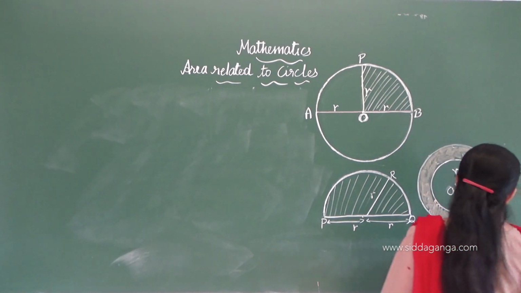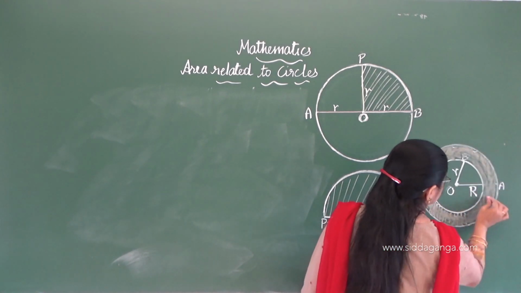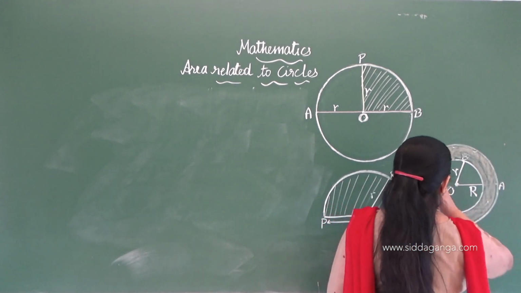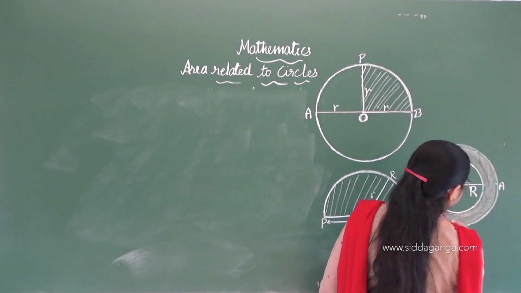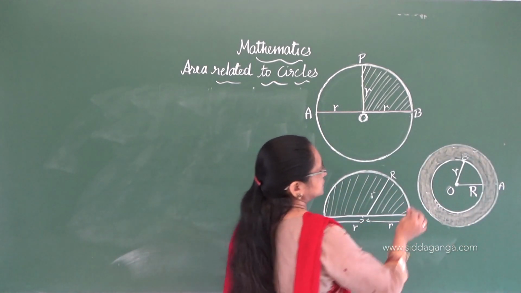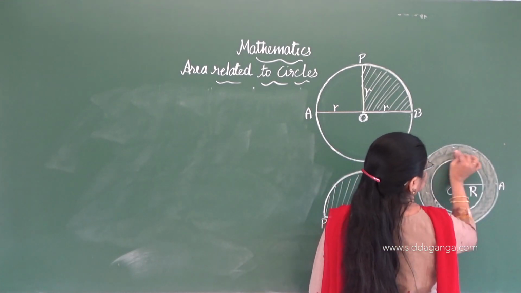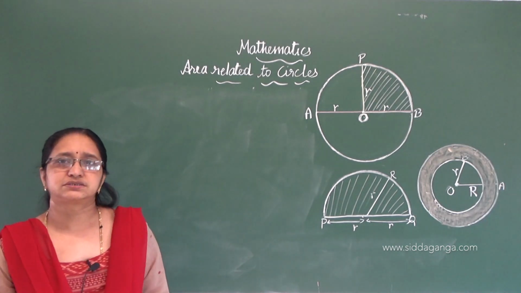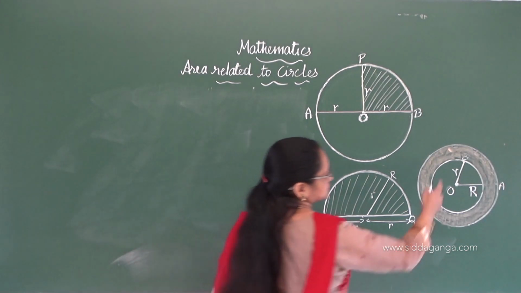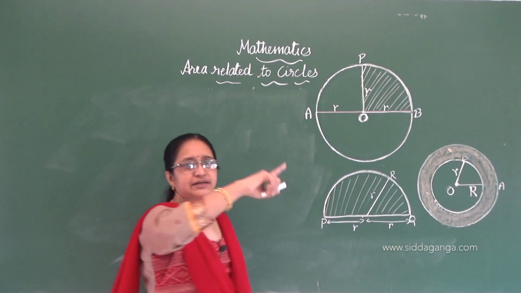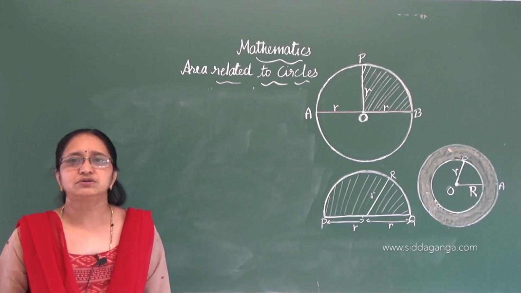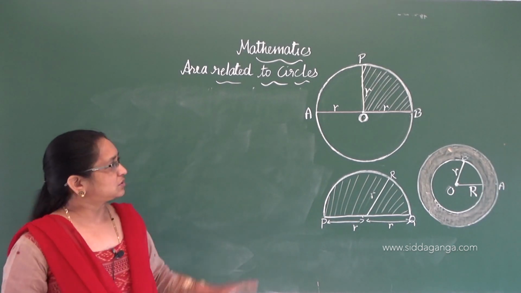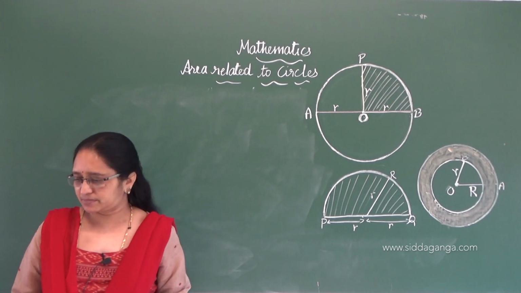Just think for a while and tell me the answer. If we ask the area of this shaded region, or the ring, then how to calculate? All this we are going to study in this chapter.